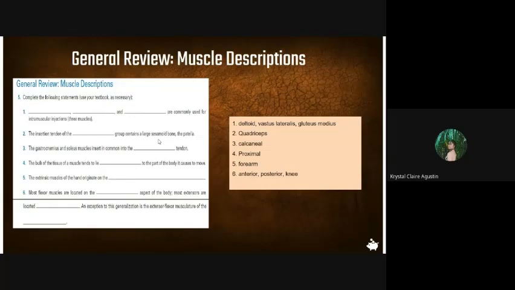It is the forearm. And lastly, most flexor muscles are located on the blank aspect of the body, so most extensors are located blank. An exception to this generalization is the extensor-flexor musculature of the blank. So the answers for the three blanks are inferior, posterior, and knee.